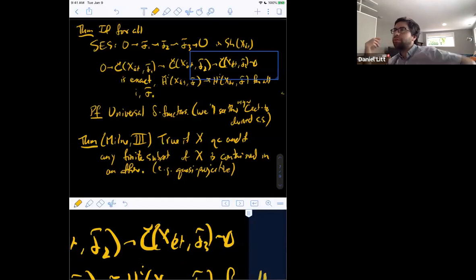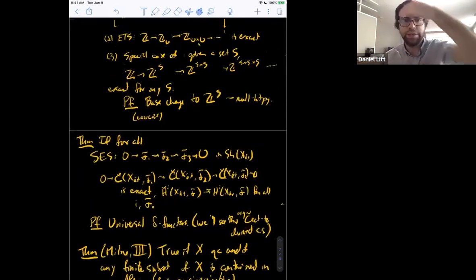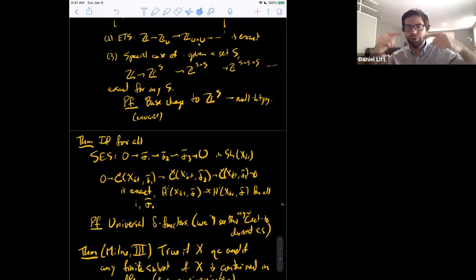Let me think about that. Ah, yeah, that's right. As soon as you know it kills injectives, then I think you win, Benjamin. I have to think about it a little bit. That's more or less the proof I have in mind for using Čech to derived. So do you know what I mean by the Čech to derived spectral sequence?